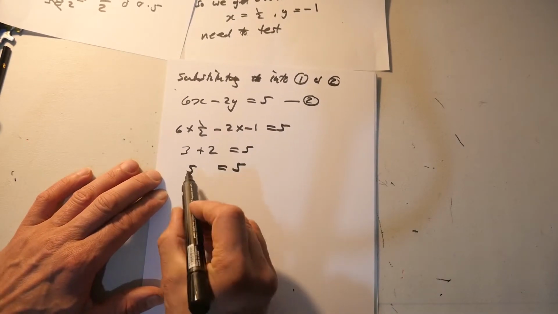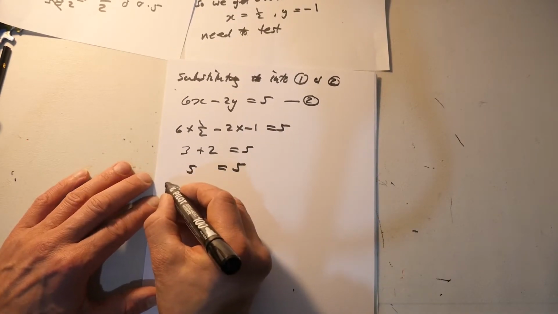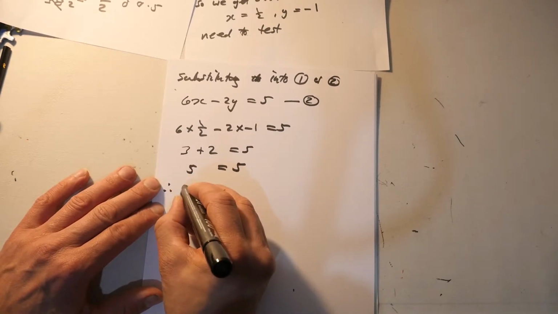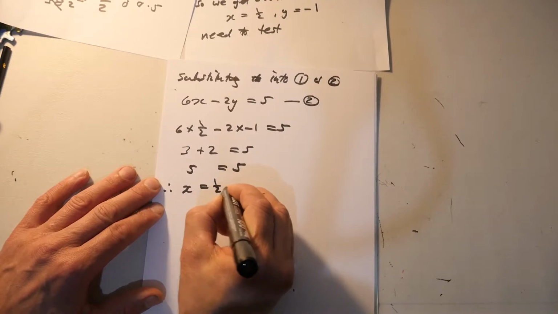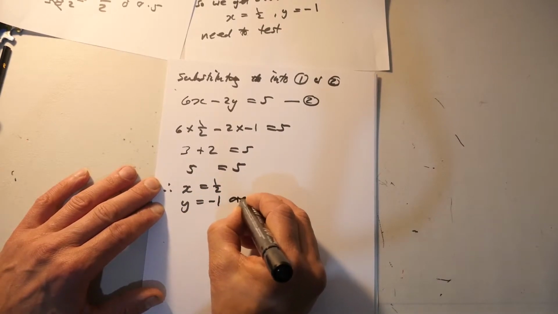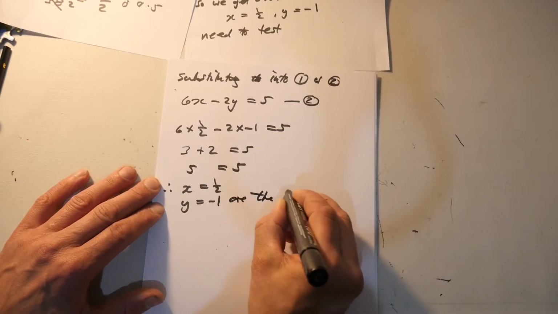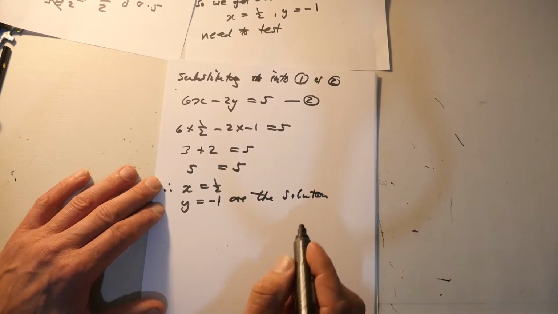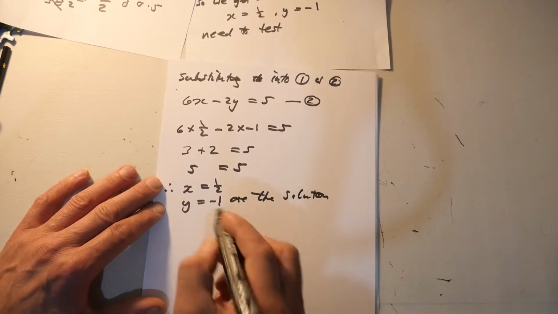Because both sides are equal, therefore x equals a half and y equals minus 1 are the solutions of the simultaneous equations.